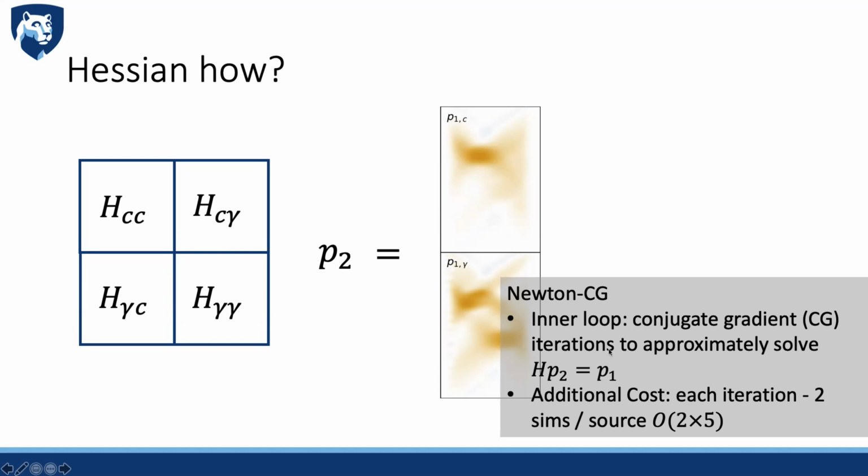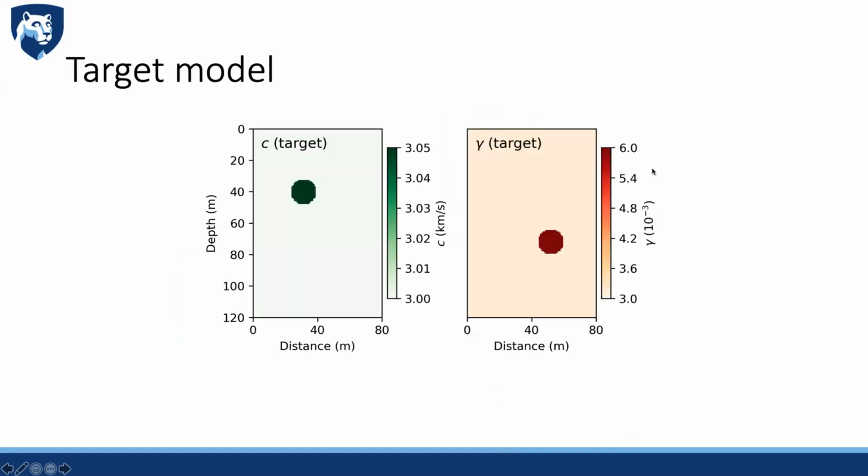At each CG iteration, or say each time we try a different P2, the cost is something around 2 simulations per source. And we only need around a handful of iterations thanks to the CG, which leads to a cost of something around 10. Compared to the 4n, this is surely acceptable. And this Newton CG method is what we use in this study.